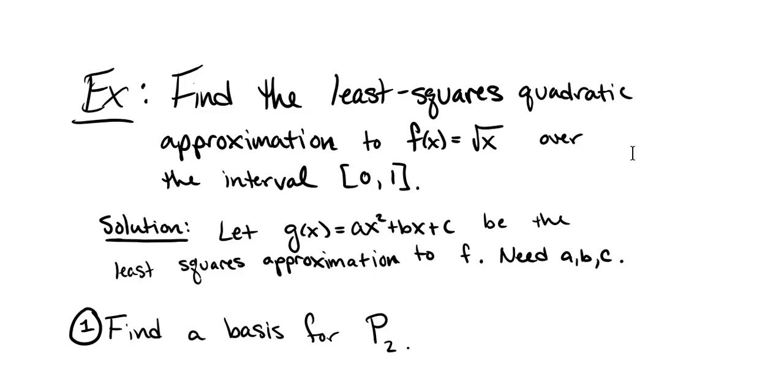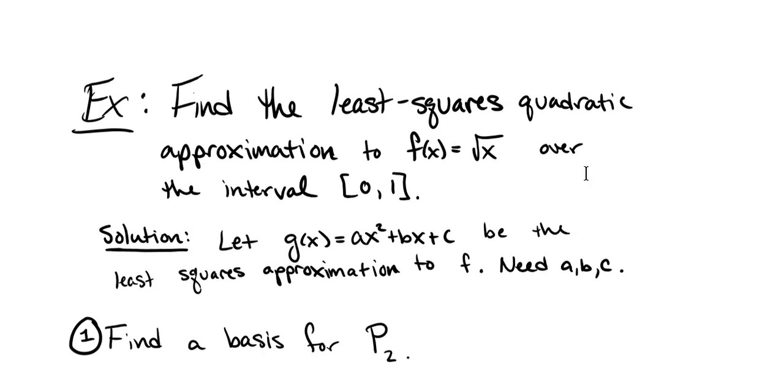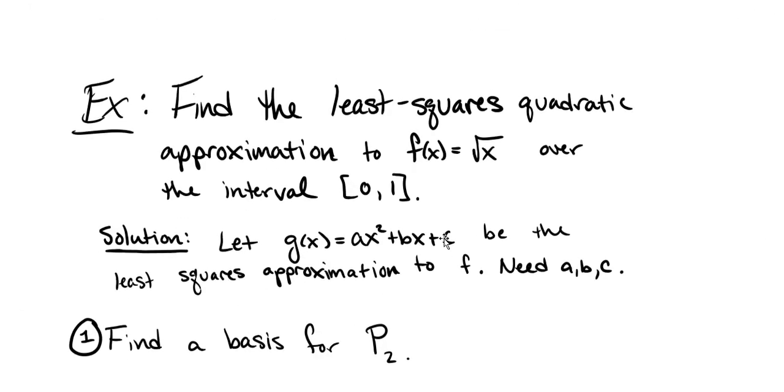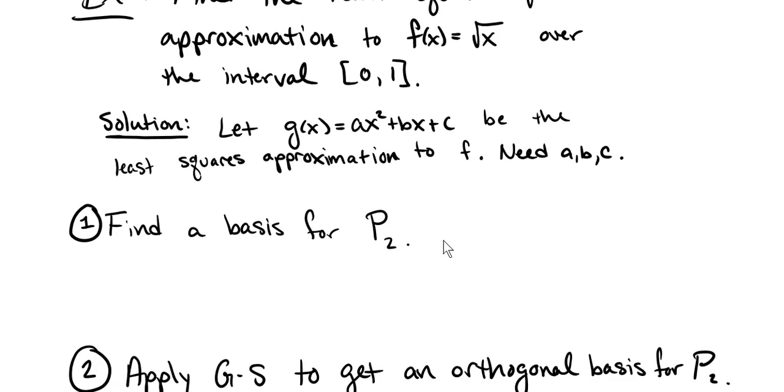So that's like our W subspace, it's P2. We need to find a basis for that. I claim we can do that right away. A basis for P2 is about as easy as it gets.